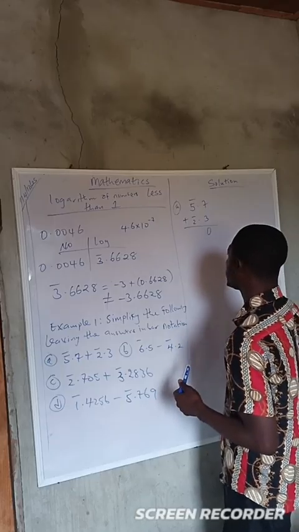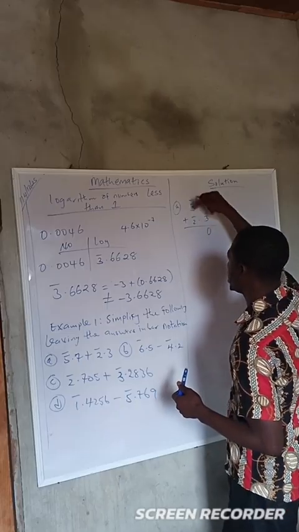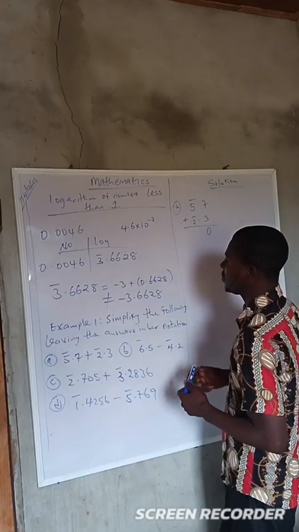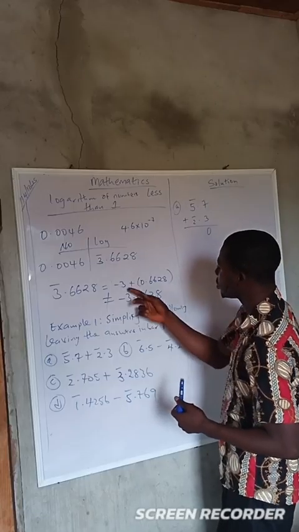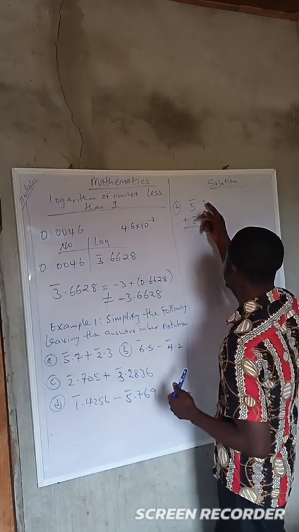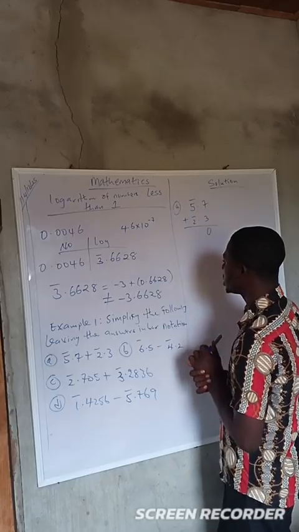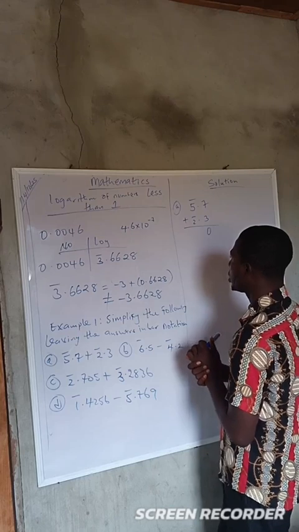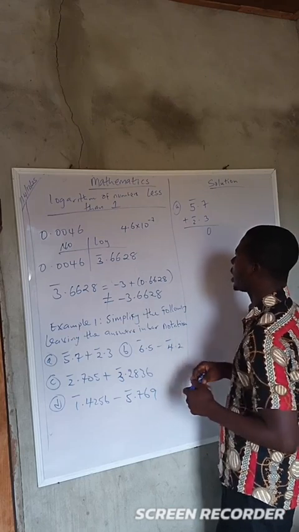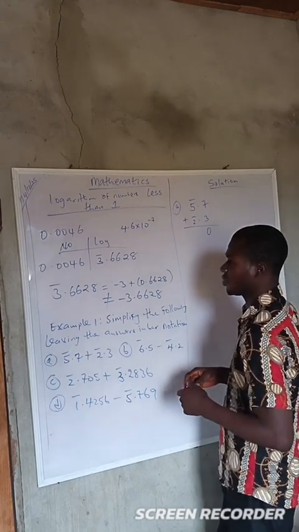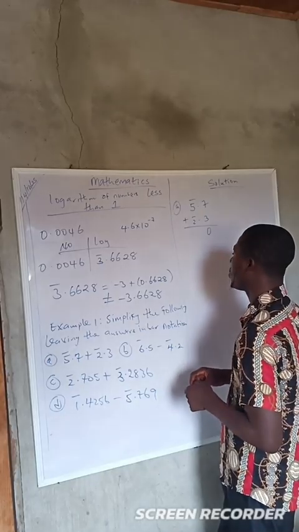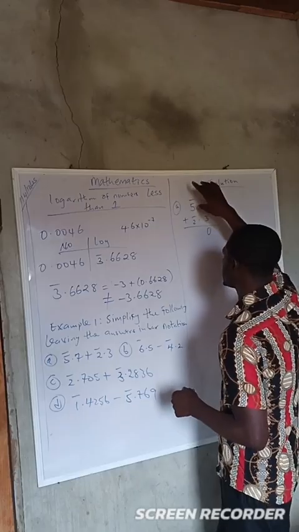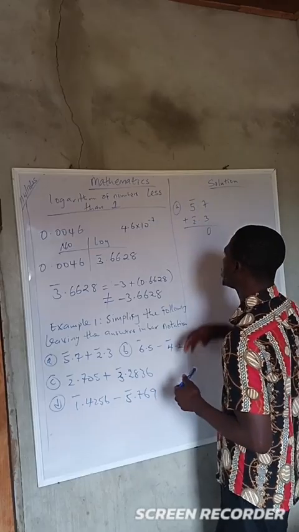We carry the 1. That 1, we are adding it to the next operation. So this bar 5, I said, is the same thing as minus 5, so bar 5.7 is the same thing as minus 5 plus 0.7. If you add 1 to minus 5, it's going to give us minus 4. That minus 4, you are going to write it as bar 4 in bar notation.